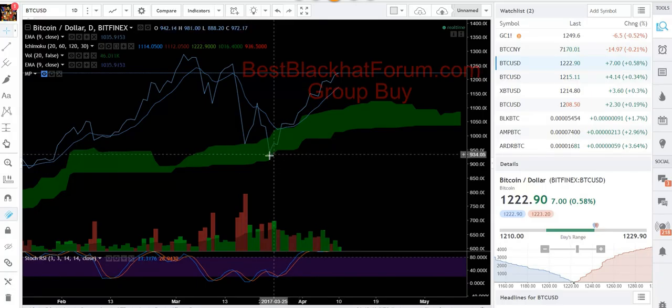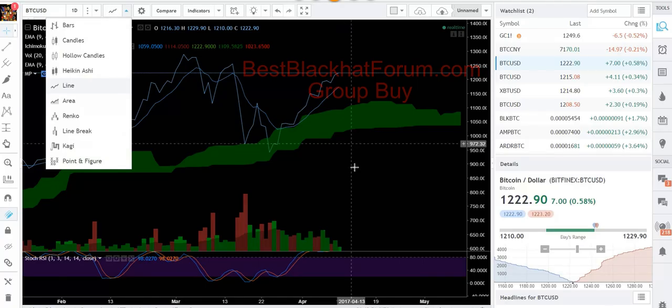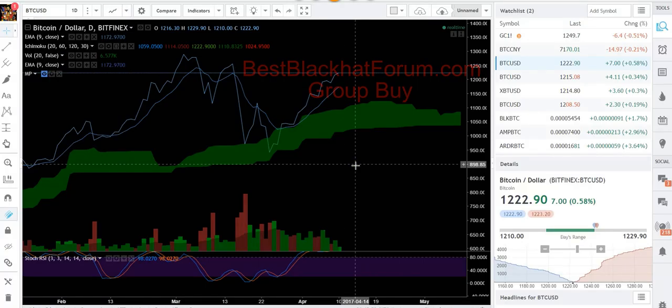Okay, is what the point I'm trying to show here. Now the line chart I use a lot to show me the core price. Okay, it doesn't show us the expansions in price, the extreme highs and the extreme lows. It's just showing us the open and close for that time period.